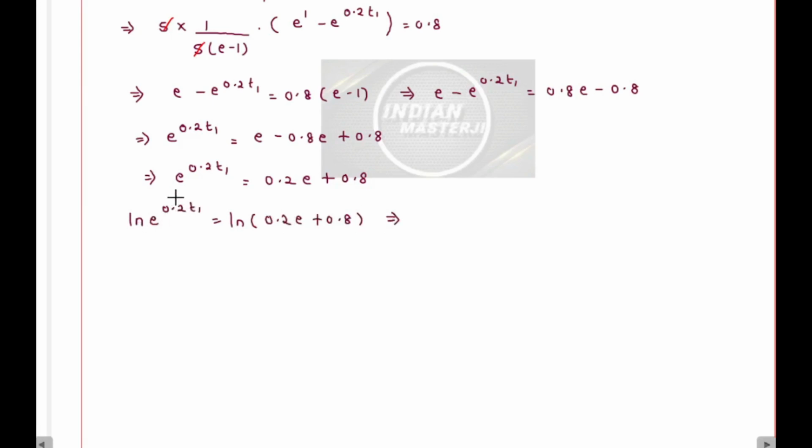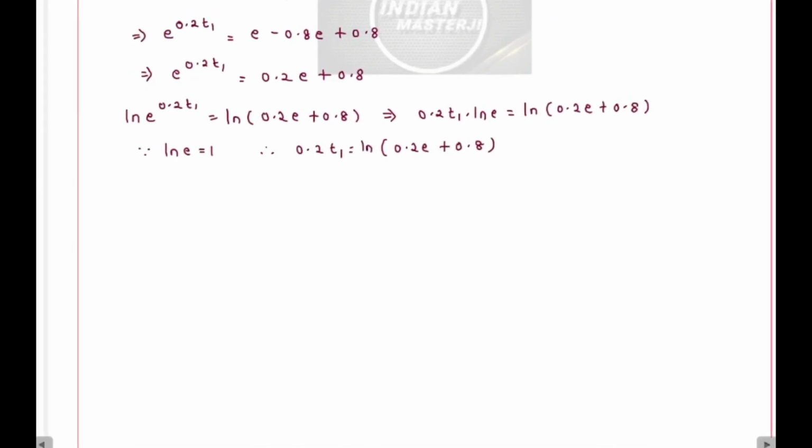Because of this ln here, 0.2 t1 will come to the front, 0.2 t1 into ln of e, and this is equal to ln of 0.2e plus 0.8. ln of e is 1. So therefore I'll get 0.2 t1 is equal to ln of this whole thing, 0.2e plus 0.8. So from this I can get my t1.